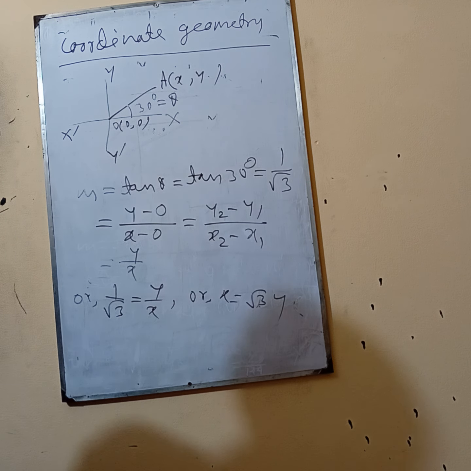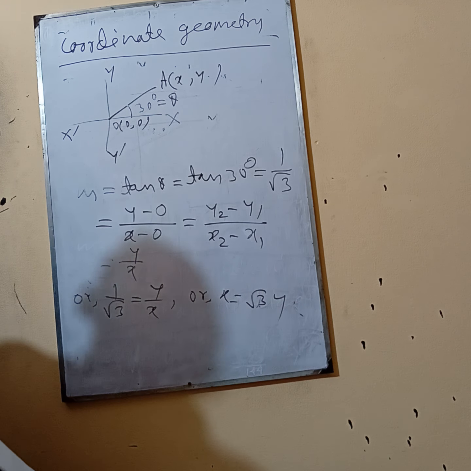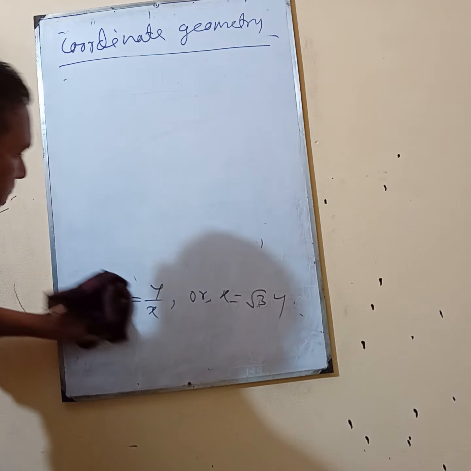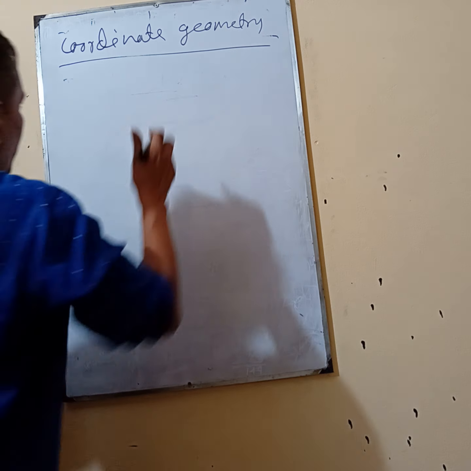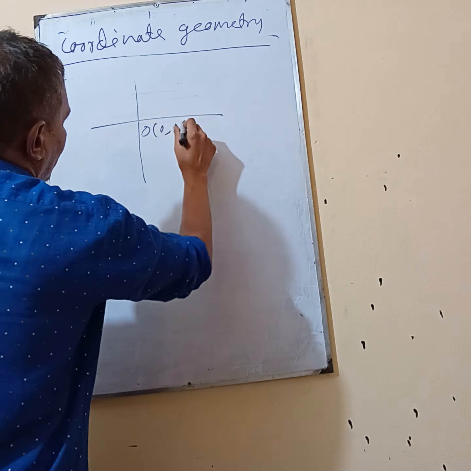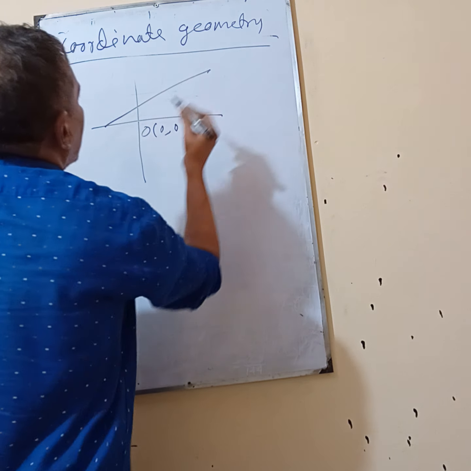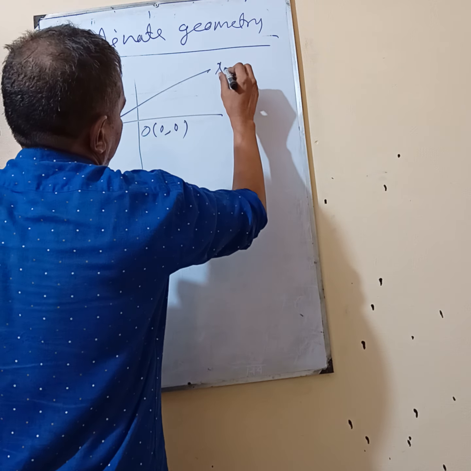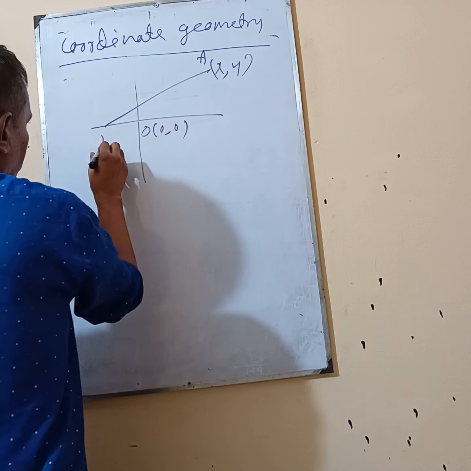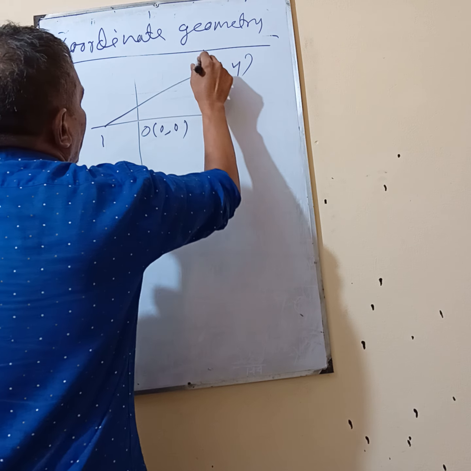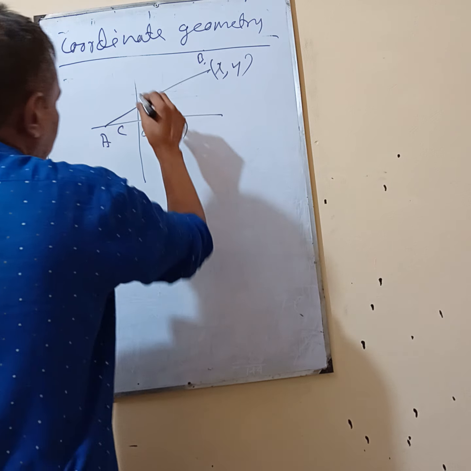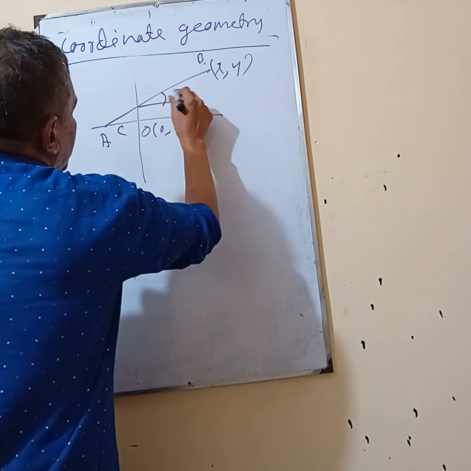Now I have to write another thing. Suppose this is O, 0, 0, and this is X, Y, A, and this is B. There is a C, and there is a theta.